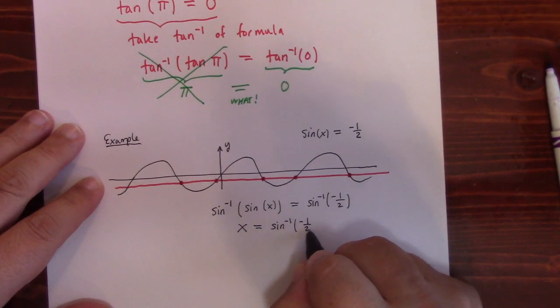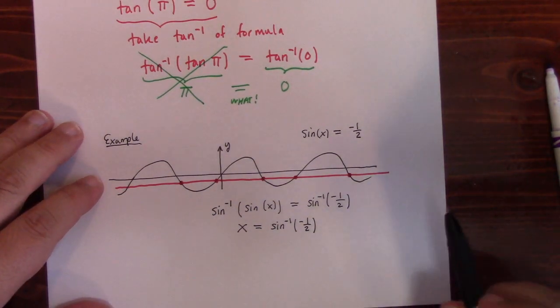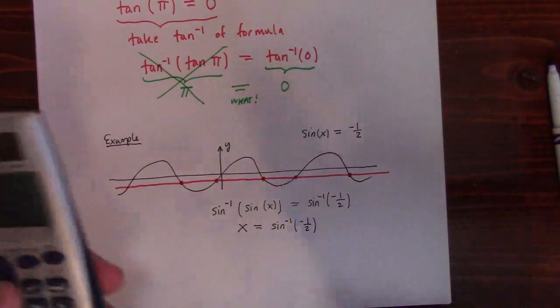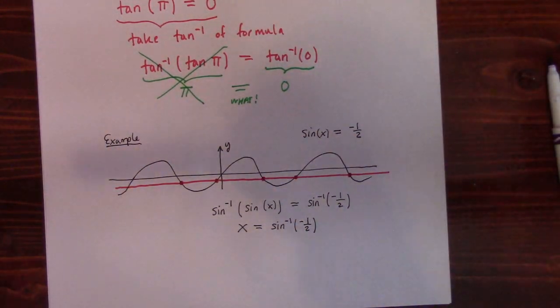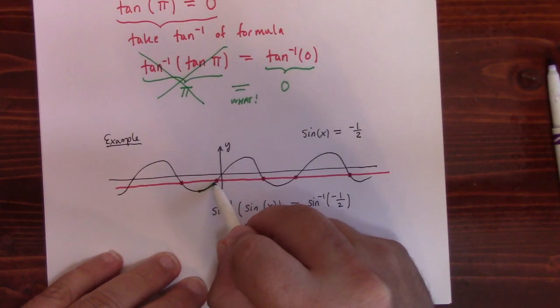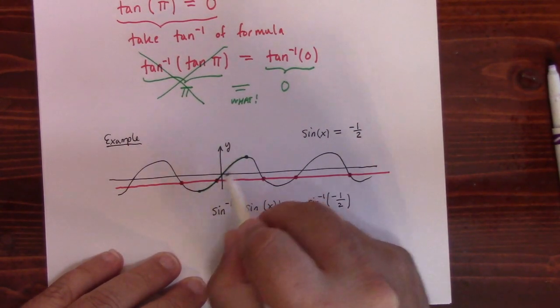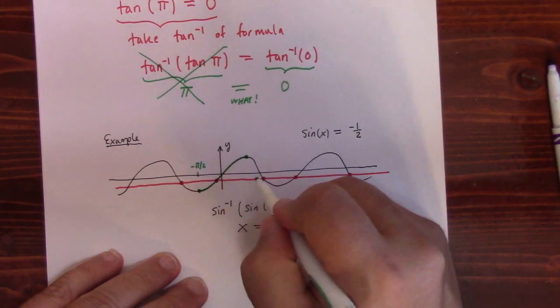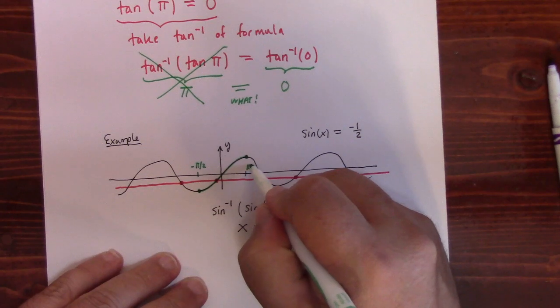But where is that going to be? Which one of these is it going to be? Well, remember, inverse sine is the inverse for sine restricted from minus pi over 2 to pi over 2. It's from this stretch that it's serving as the inverse function.